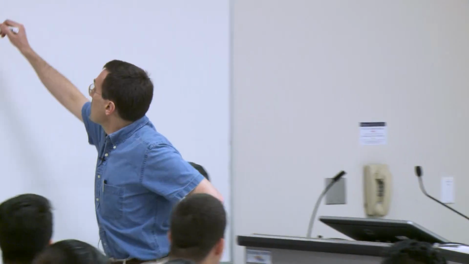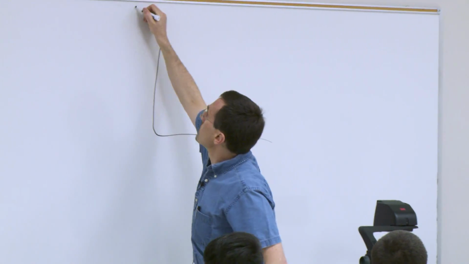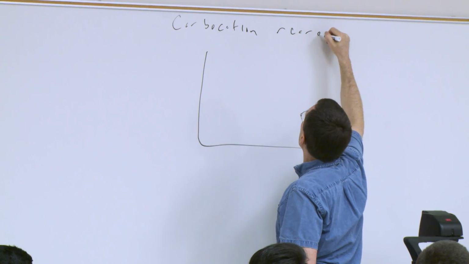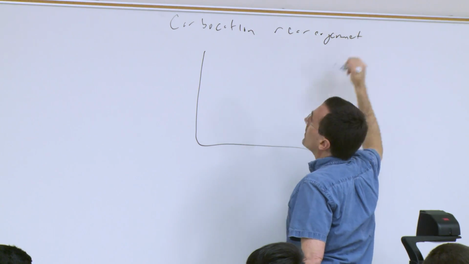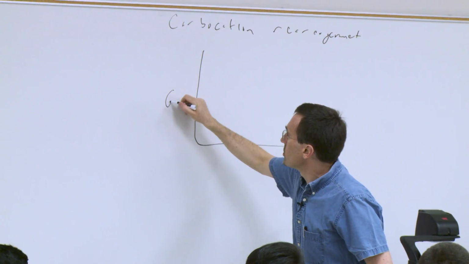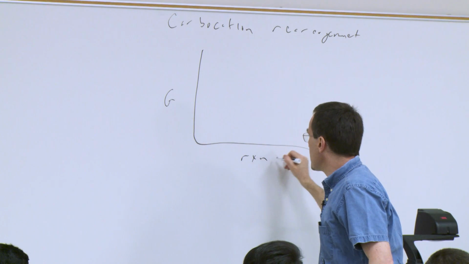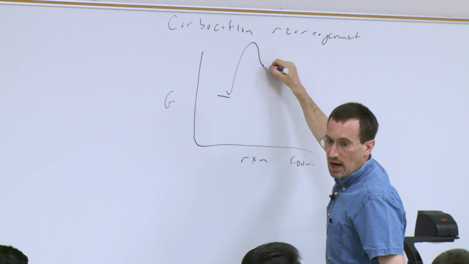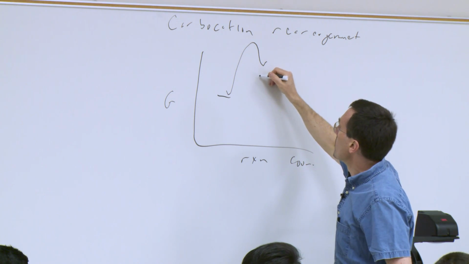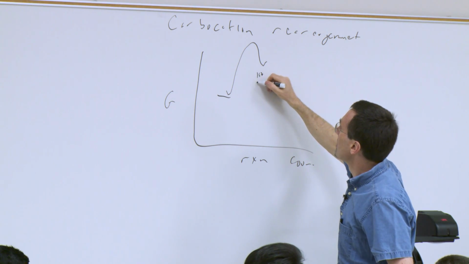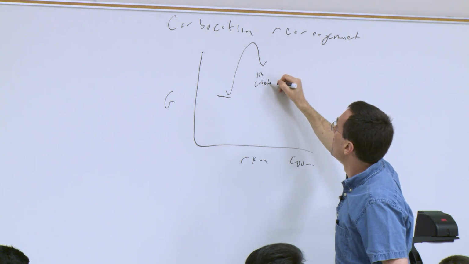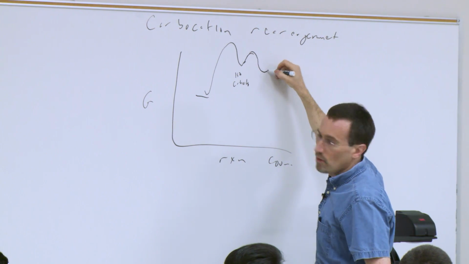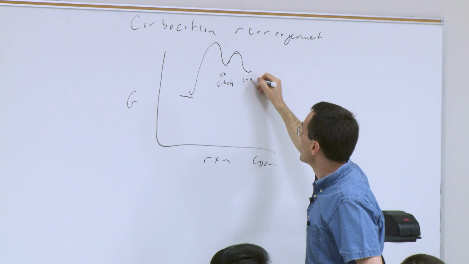So coming to a carbocation rearrangement here, you would have a reaction-free energy diagram that might look like this, where you have your reactants, you go over one hump, you form your first carbocation. Usually the rearrangement barrier is reasonably low. You might form your second carbocation.